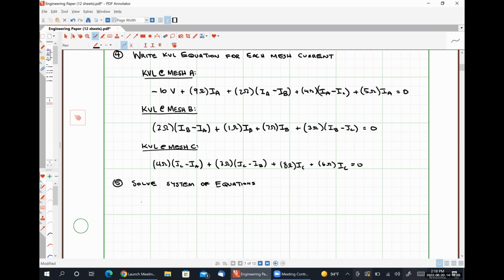And in doing so, we would find that our mesh currents IA, IB, and IC come out to be 0.534 amps, 0.109 amps, and 0.117 amps, respectively.